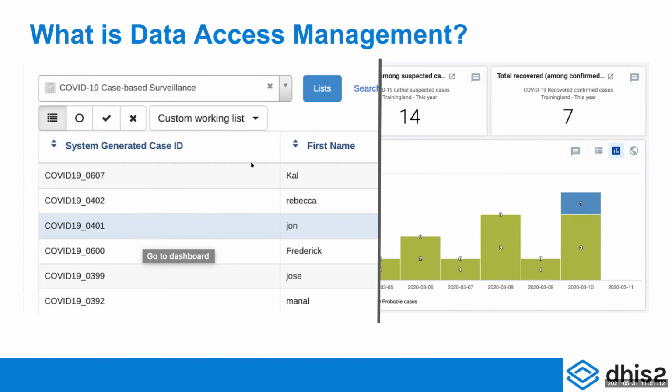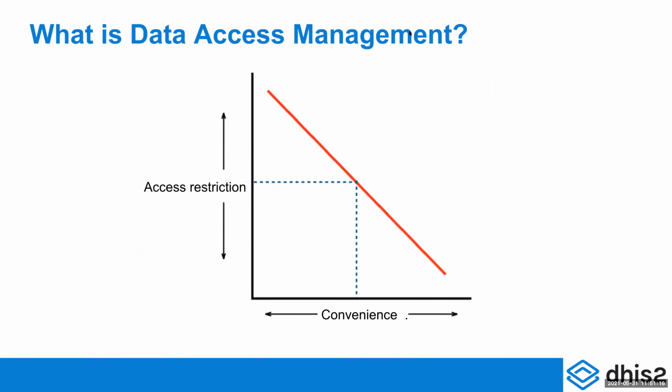So to dig a little bit more into this concept, I tried to make this figure that shows the convenience on the x-axis here, and more convenient is further to the right, and access restriction on the y-axis.